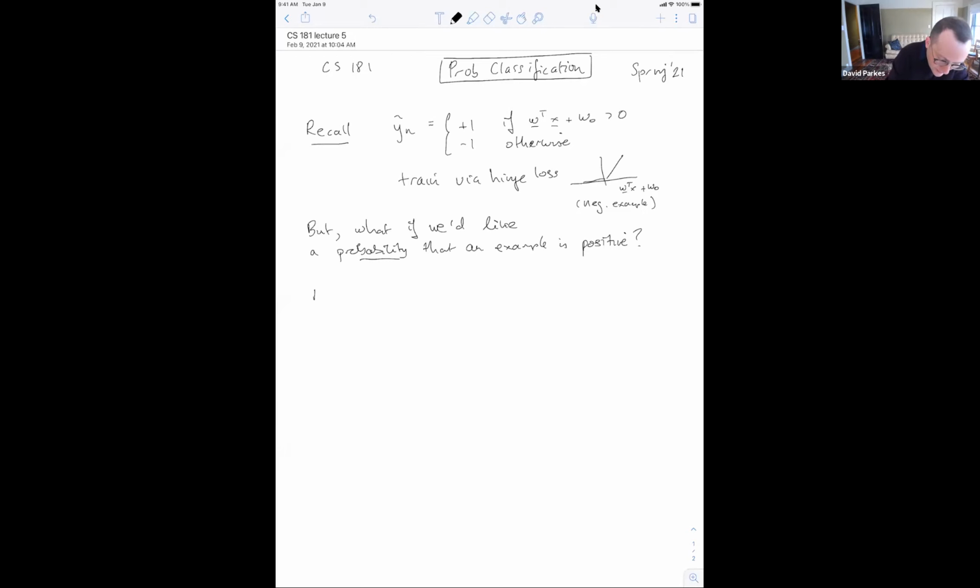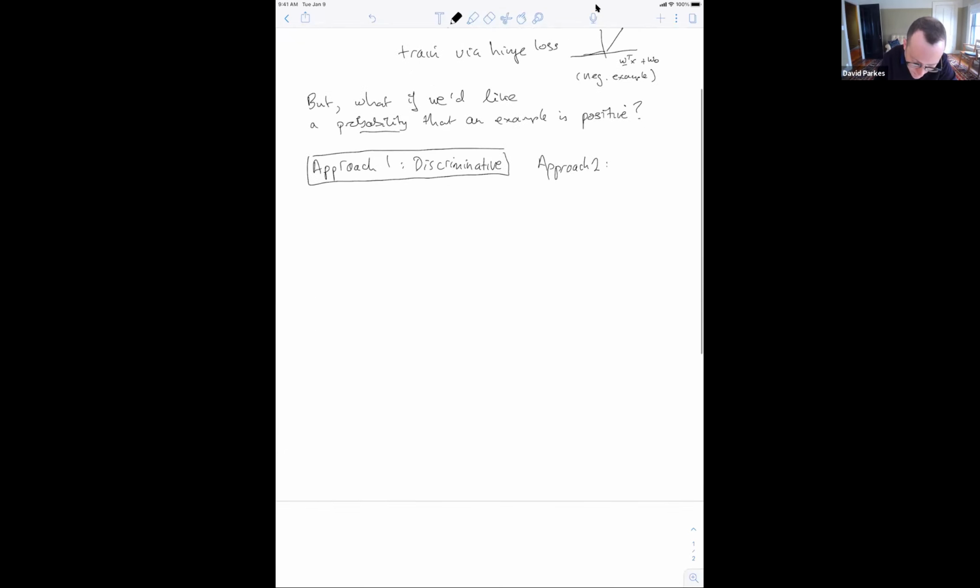We're going to talk about two approaches. Approach one we'll call discriminative, and approach two we'll call generative.